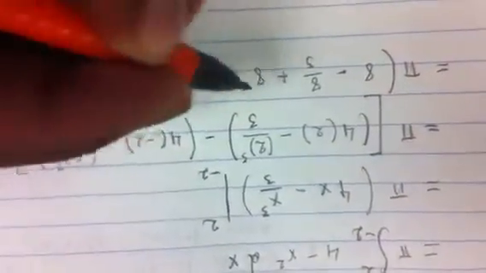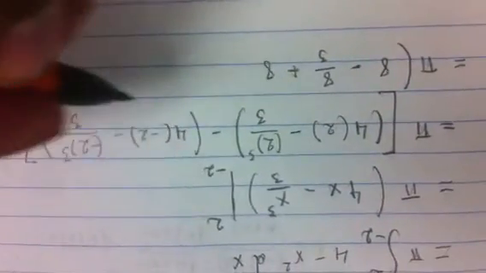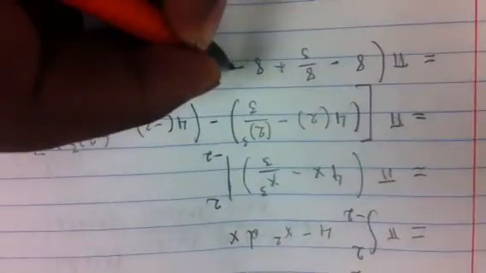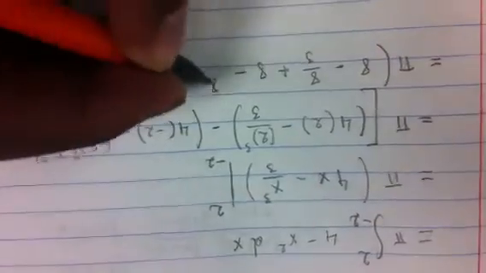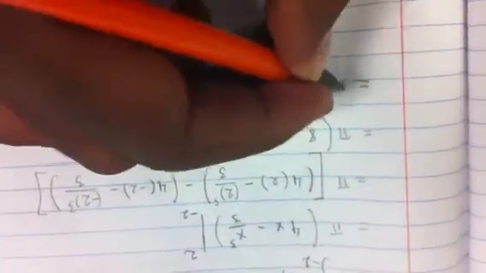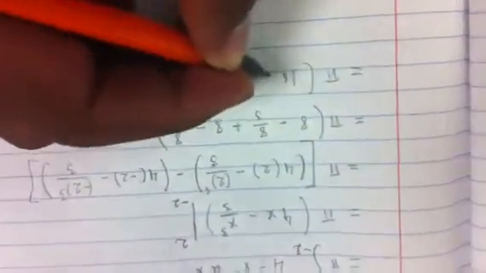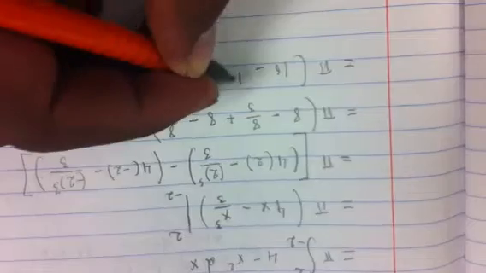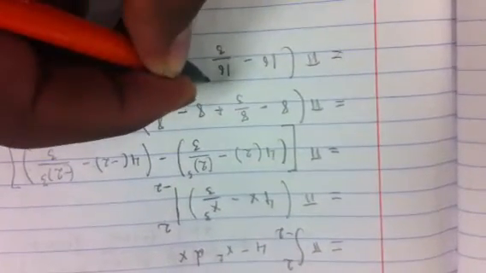Plus 8 minus 8 over 3. So that's equal to pi times 16 minus 16 over 3. And I'm trying to find the common denominator here so we can subtract them.